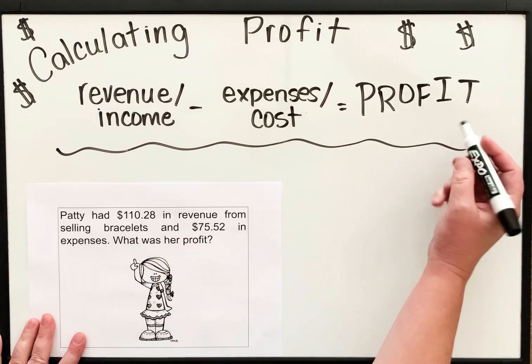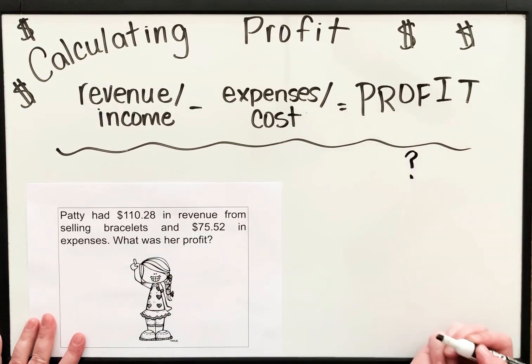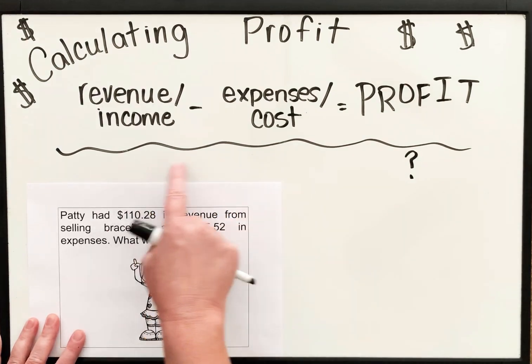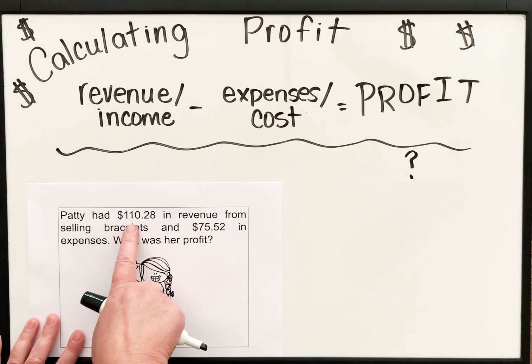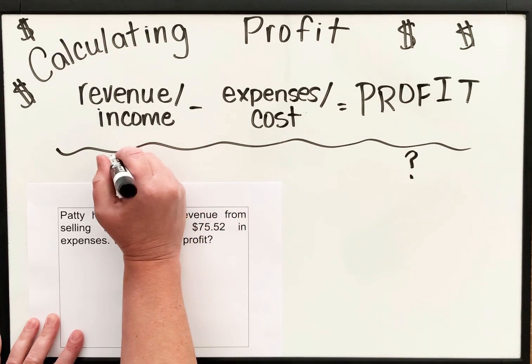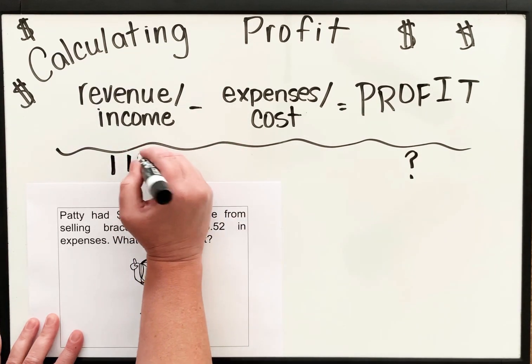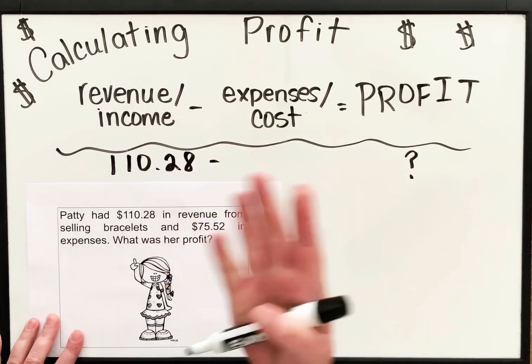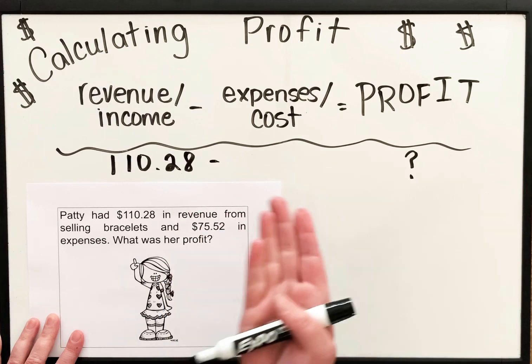So my question, we are trying to solve her profit. Now, I have some numbers. Let's figure out which part is which. So the first part says $110.28 in revenue. That is how much she made. Before she could make that, she had to go buy some supplies.